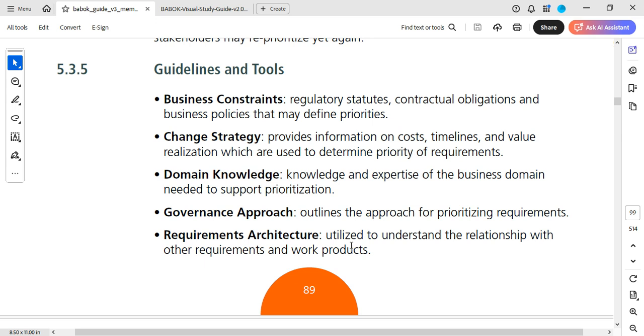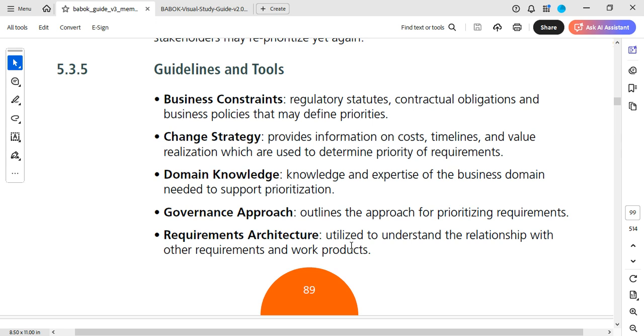So guidelines and tools: business constraints, regulatory status, contractual obligations, and business policies that may define priorities. Change strategy provides information on cost, timelines, and value realization, which are used to determine priority of requirements. Domain knowledge: expertise of the business domain needed to support prioritization.